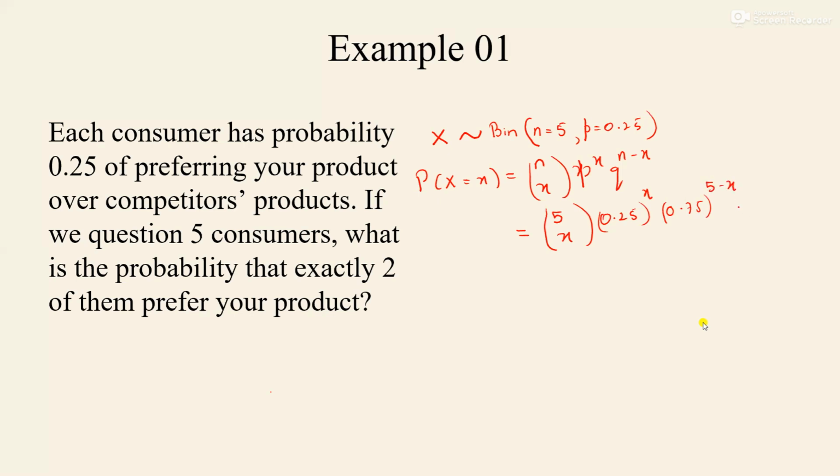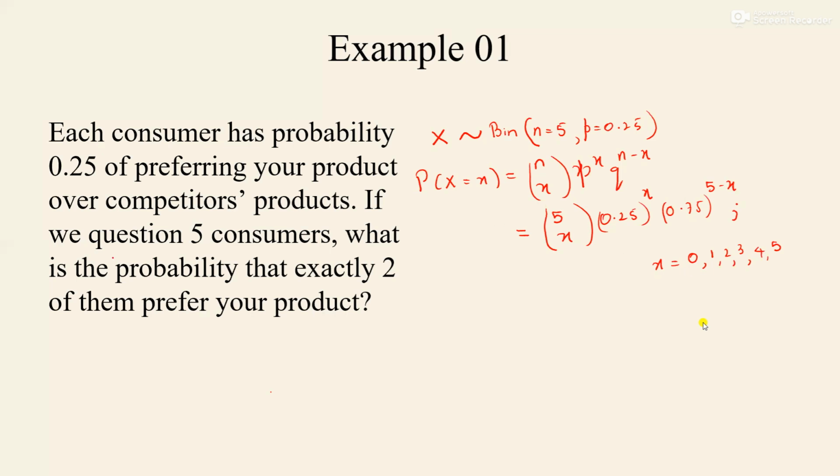Then you have to specify the possible values. X may take 0, 1, 2, 3, 4, 5. In such a manner, you have to write it when we are asking for the probability distribution for this particular scenario.